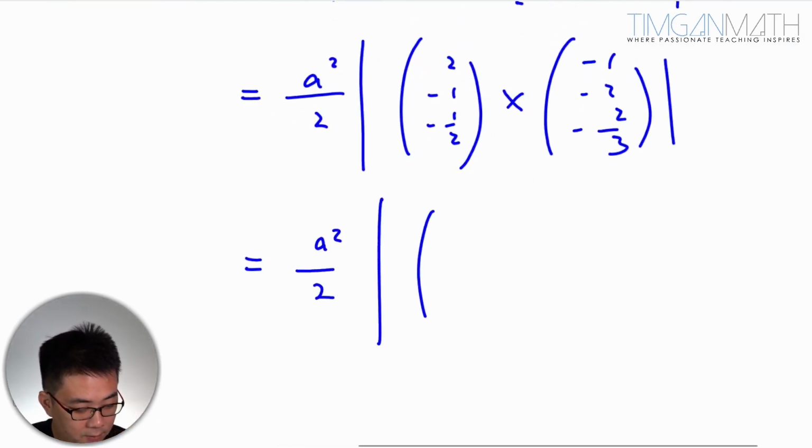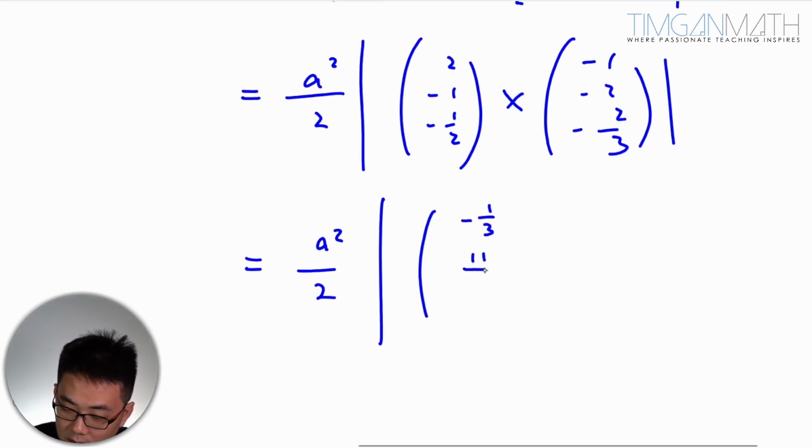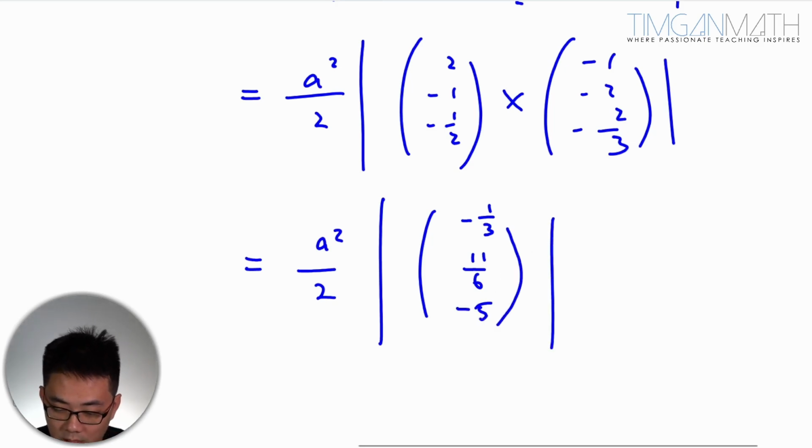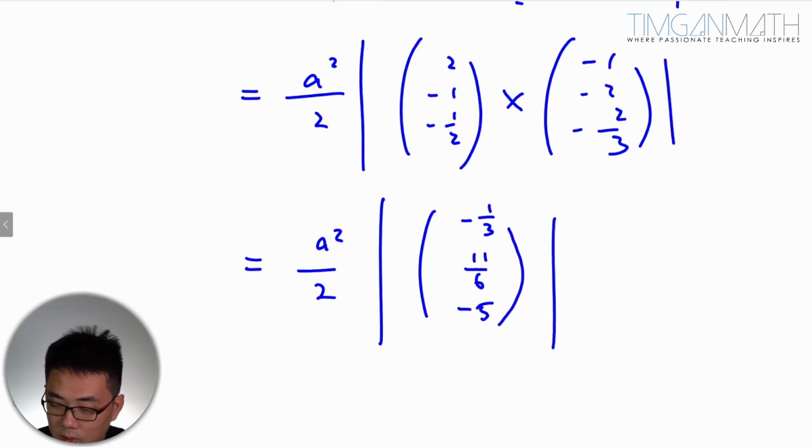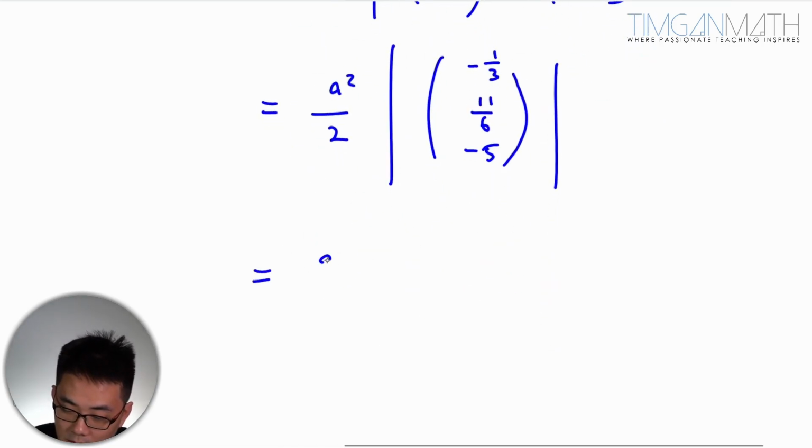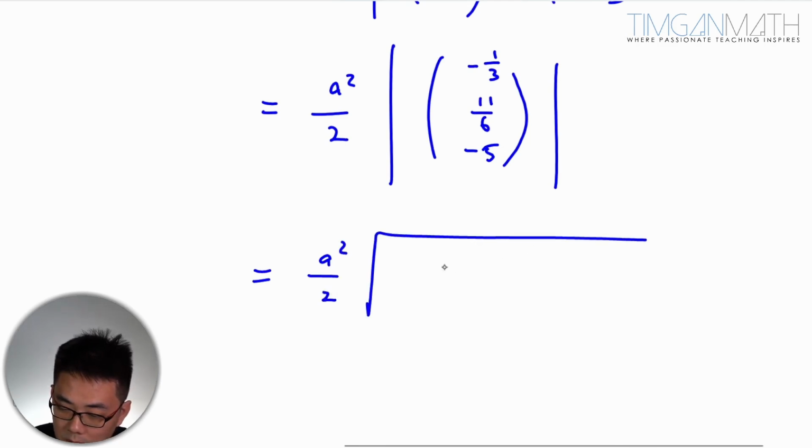Just be careful. This is minus 1 over 3. And the subsequent one will be 11 over 6. And the last one will be negative 5. Okay, always check before you move on. So this case here is a squared over 2.